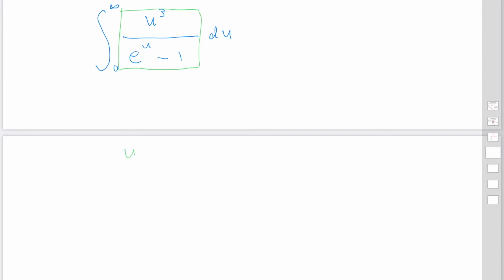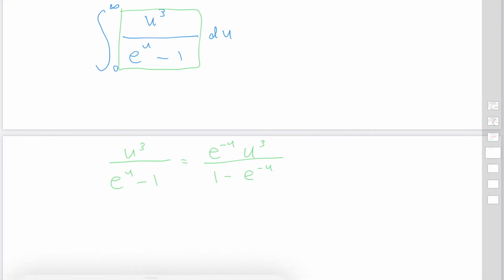Then u cubed over exponential u minus 1 is expressed as u cubed times exponential minus u over 1 minus exponential minus u.